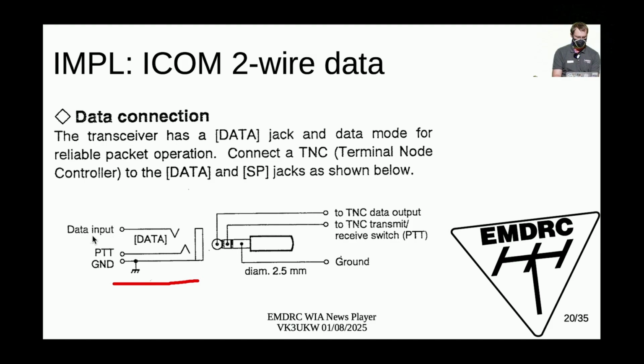Data input is where you put the audio in, and then the PTT, when you short that PTT to the ground, then you get your key down. Probably everybody who's done amplifier control or digital radio has seen that before, that you've got an active low pin on your accessory connector, and your radio interface has to pull that low in order to make the radio transmit.